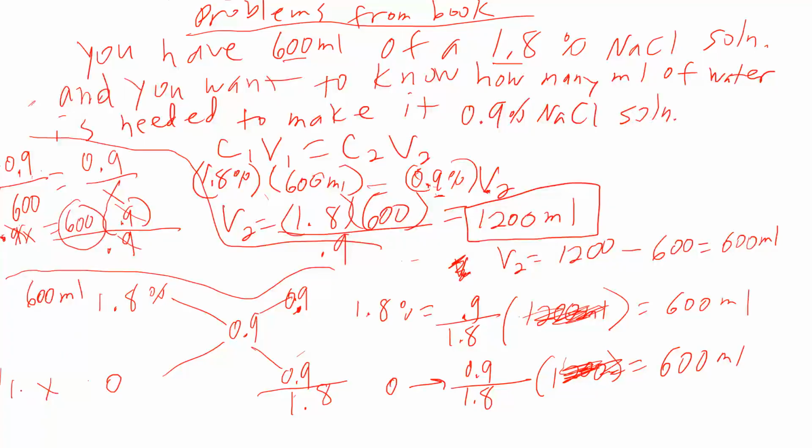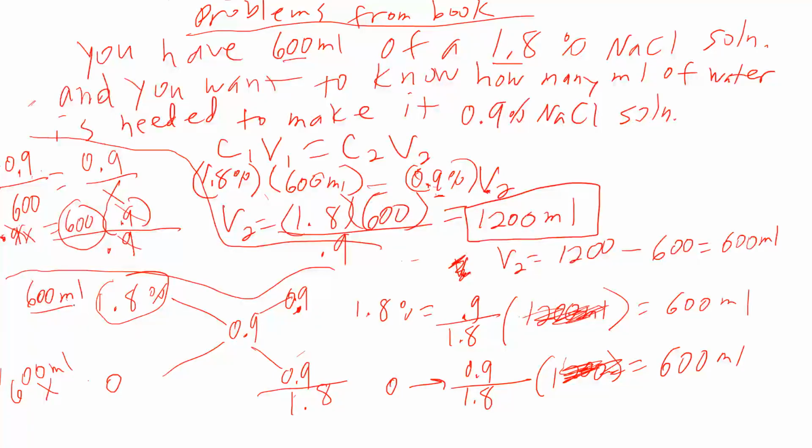So we do know that 600 milliliters is right here. All you have to do, right next to the percentage, we know there's 600 mils. And these are ratios, 0.9, 0.9. These are parts. You can use them as ratios to calculate anything.